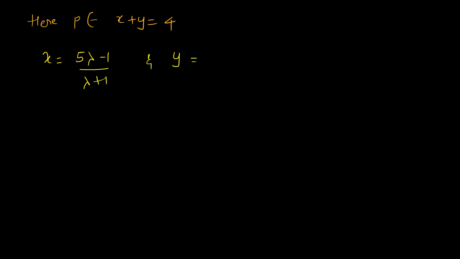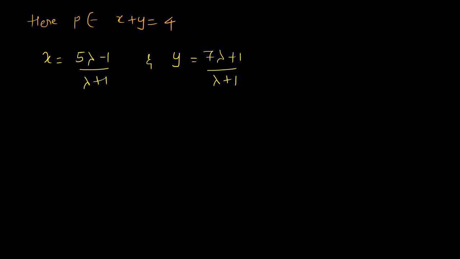So P belongs to this line x plus y is equal to 4, correct? So the coordinates of P will satisfy this equation. As I cannot go to the previous slide, let me write x was 5 lambda minus 1 upon lambda plus 1 and y was 7 lambda plus 1 upon lambda plus 1.